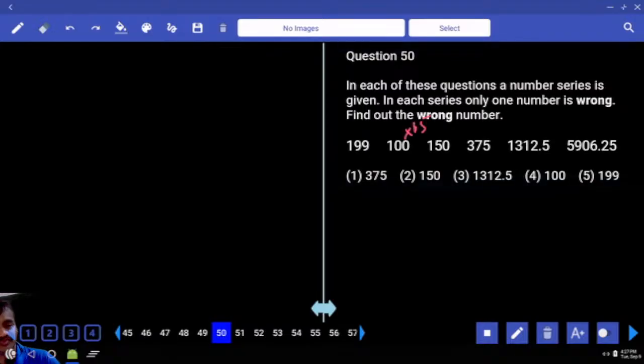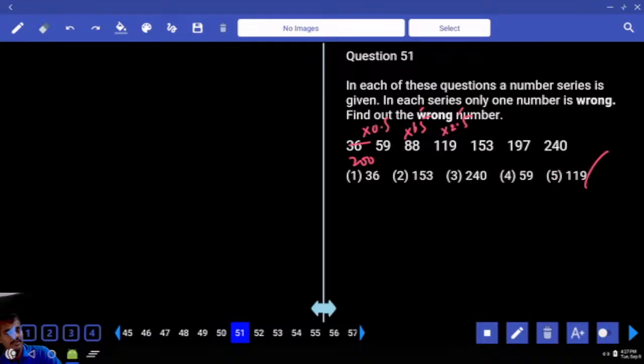Then 375 into 2.5. 750 divided by 2, 375 into 2.5. Into 0.5 means this must be 200. 200 into 0.5, 100. 100 into 1.5, 150. 150 into 2.5, 375. Next one into 3.5, into 4.5. Then what is the wrong number? 199, choice 5, question number 50.